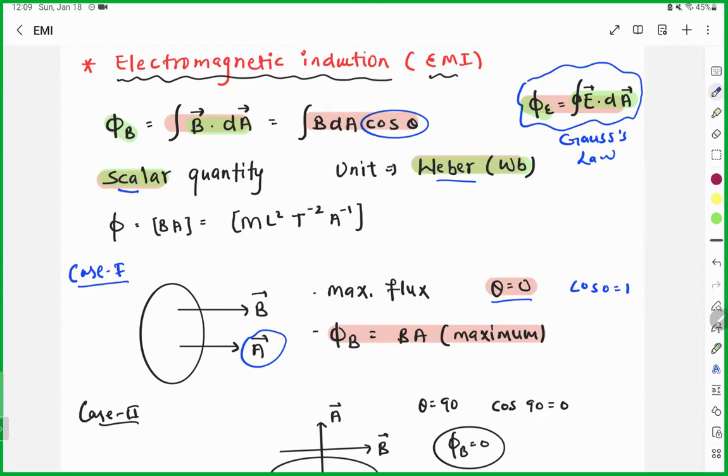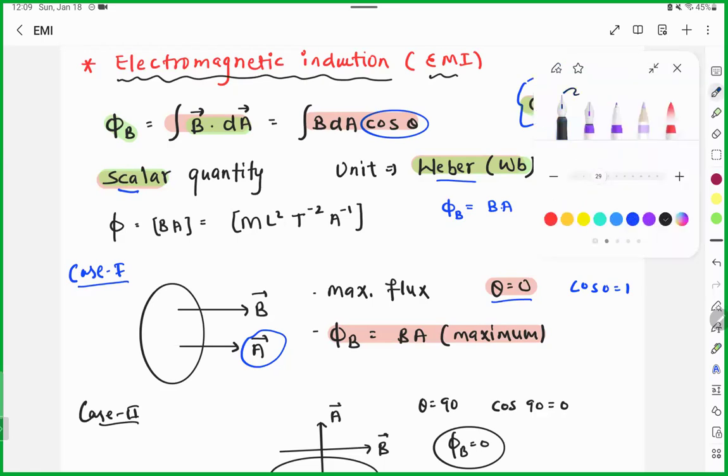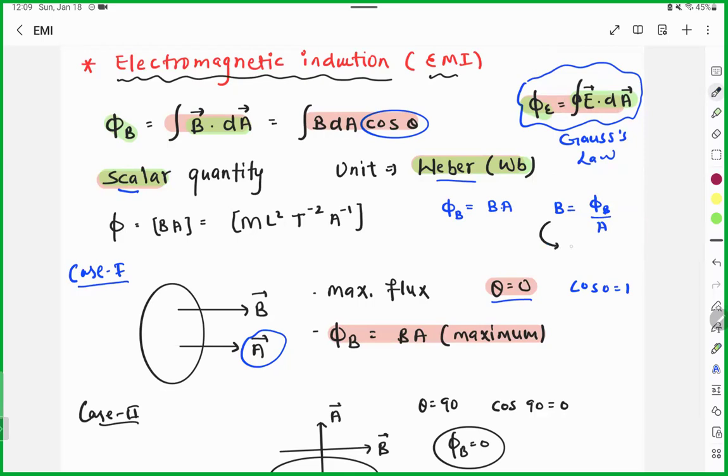My question is, in the form of Weber, what will be the unit of magnetic field? I'm not sure, sir. So you know magnetic flux is equal to B into area vector. If you want to calculate the magnetic field, it will be magnetic flux per unit area. The unit of magnetic flux is Weber and the unit of area is meter square. Weber per meter square. You said Tesla per meter square, right? Yes, sir. Understood?